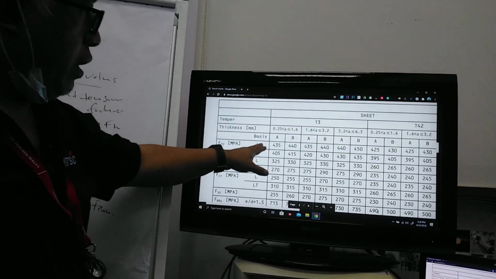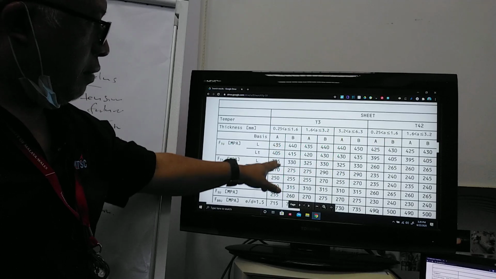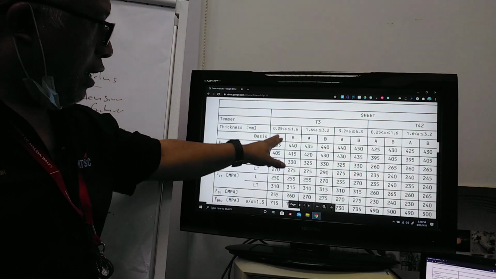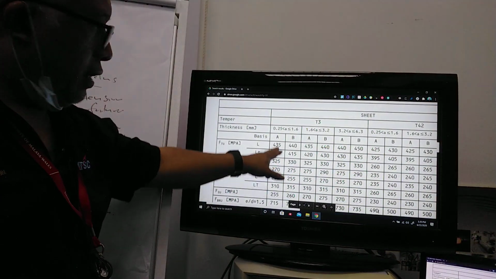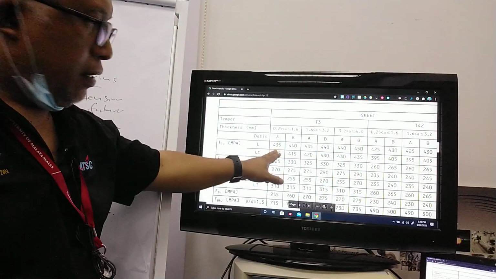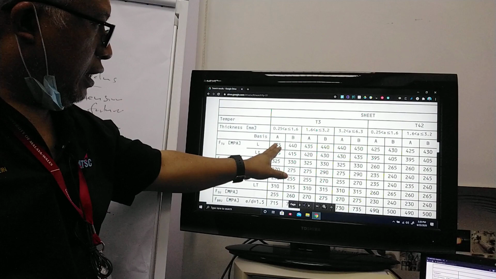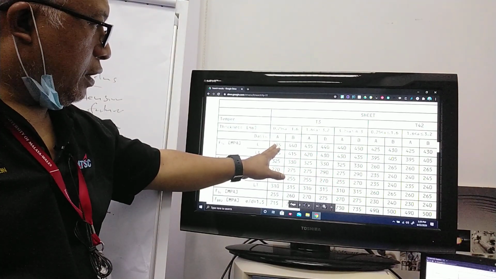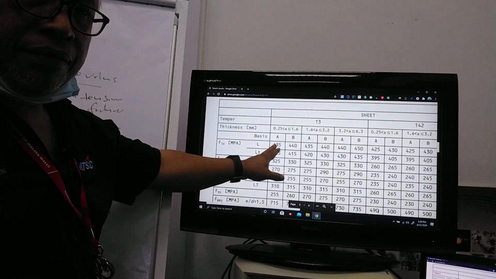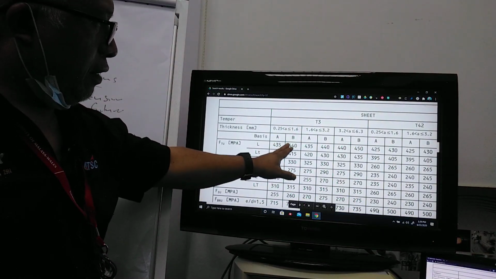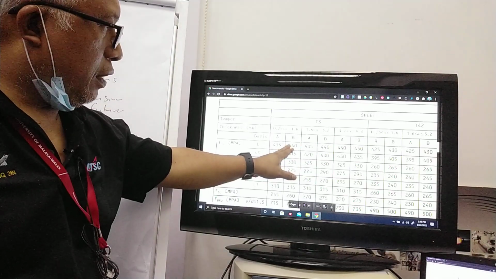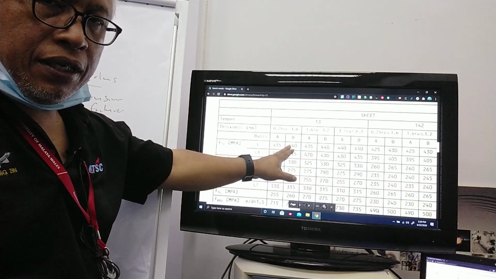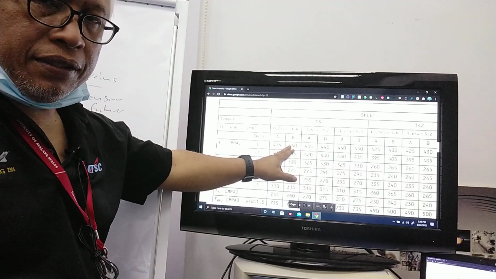Okay, this value L is the A value here. 90% of the time when they did the test on the material, that is what they get. So for FTU, 99% of the tests they got 435 megapascal, and 90% of the time they got 440 megapascal.